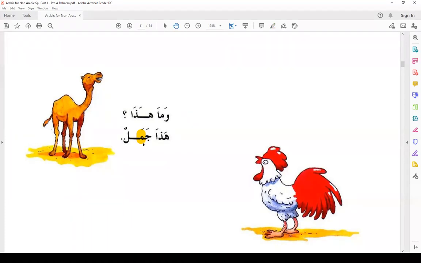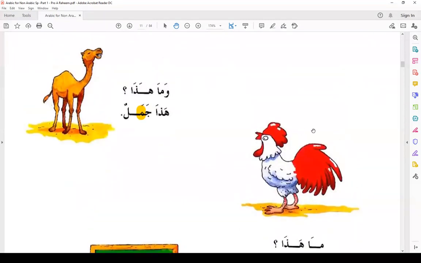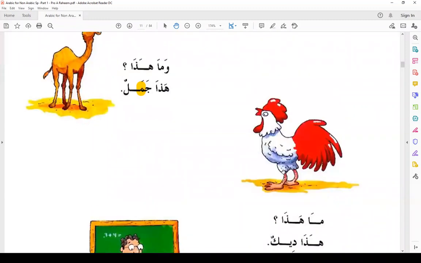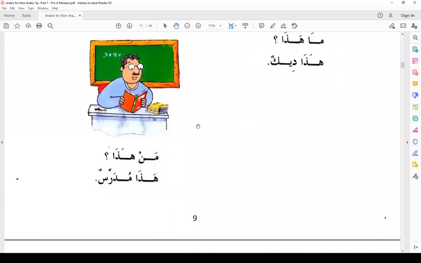But if we have a ba, tell me what it would be. It would be a mountain, as though you have a mountain on his back. Next question. Ma hadha, or ma dhalika? The answer will be dhalika deacon. That is the rooster.